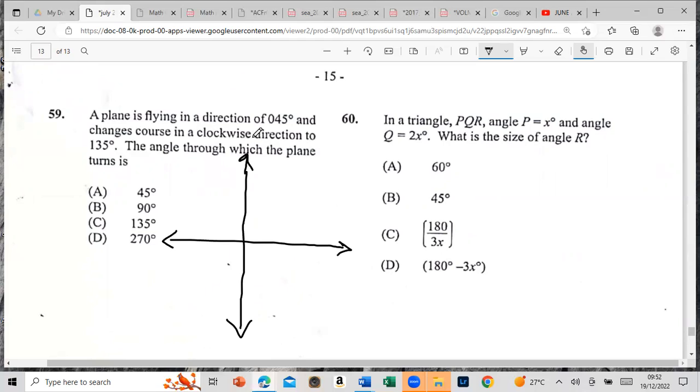So we have the north line, south, east, west. So listen to what it says. A plane is flying in a direction of 045. So basically halfway between this, right? And it's a clockwise direction. So bam, go here, and this is 45.